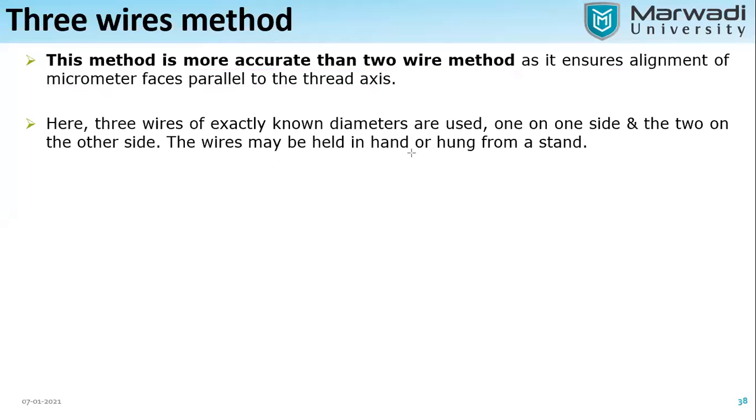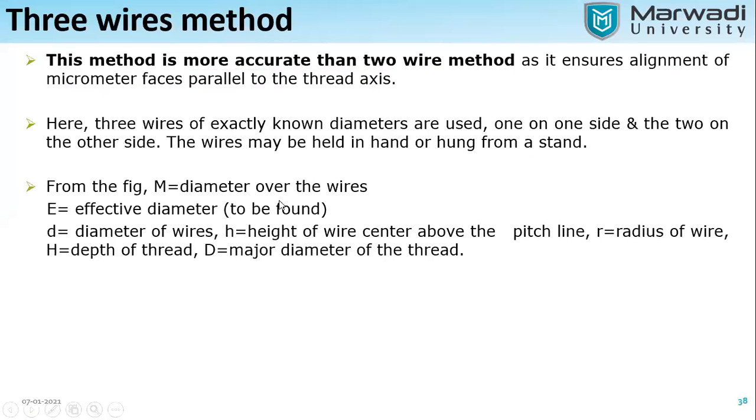Now let's see how we can go for measurement. The dimensions will be the same as you have seen in the previous method. E is the effective diameter. M is the diameter over the wires. Small d is the diameter of the wire.